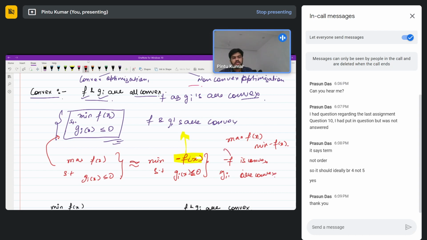Minus f being convex means f is concave, right? So if you want to label an optimization problem of this form as a convex optimization problem, then your f must be concave and all your gi's must be convex.